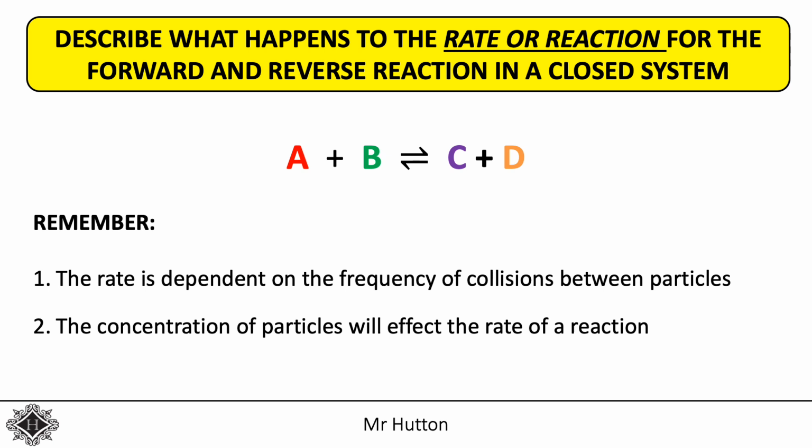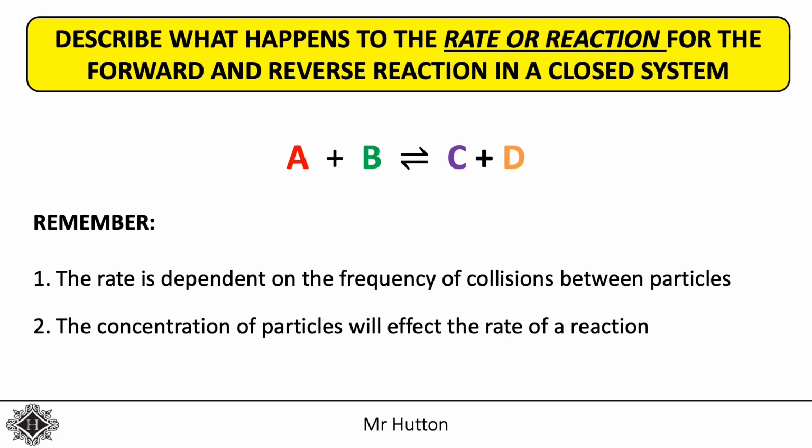So if we had a closed system, so think back to that bung on the top, what would happen to the rate of reaction for the forward and reverse reactions in a closed system? So we've got A and B, that's going to be your reactants, and they will then react to form C and D, your products.